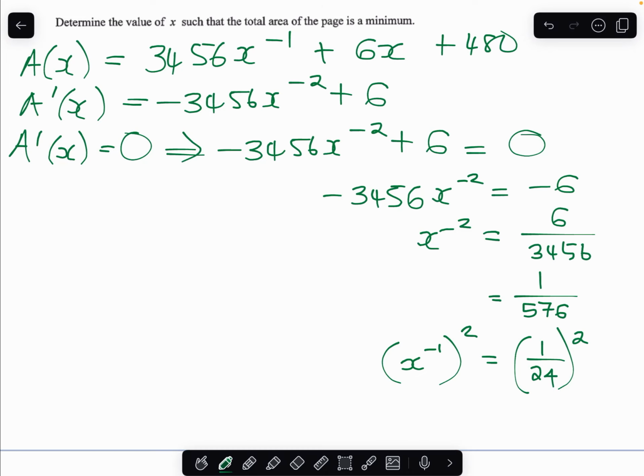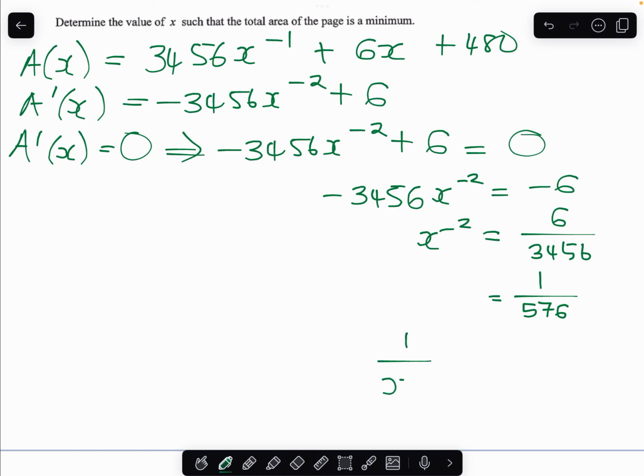Yeah, this is not a wise way to do it because it implies that this is equal to this, but actually we would also need to think about the possibility of the negative square root. So this could be 1 over 24 squared, or it could be negative 1 over 24 squared. So actually, let me not do it like this because this is muddying the waters.